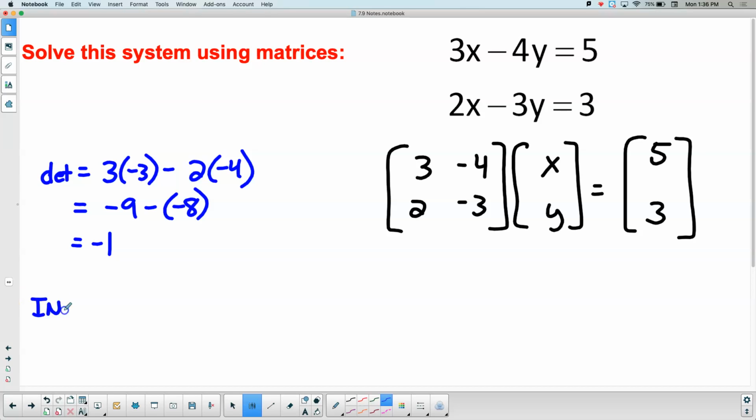So my inverse is going to be 1 over negative 1 times negative 3, 4, negative 2, 3. Right?